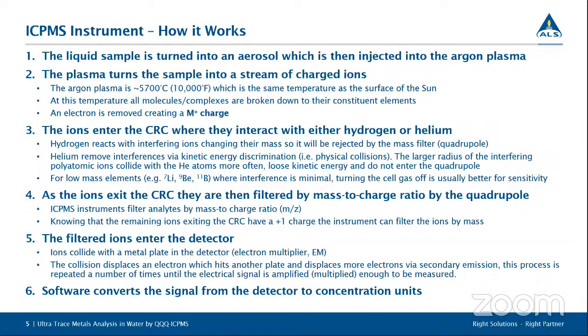When the ions enter the collision reaction cell, they'll typically interact with either hydrogen or helium. Hydrogen will react with any interfering polyatomic ions, changing their mass, so they'll be rejected by the mass filter, the quadrupole.